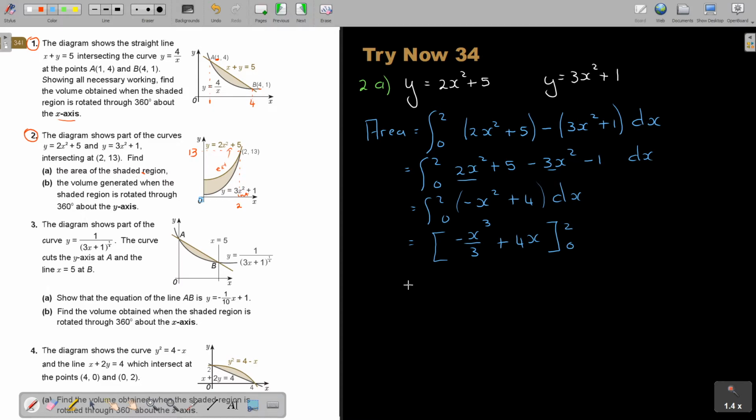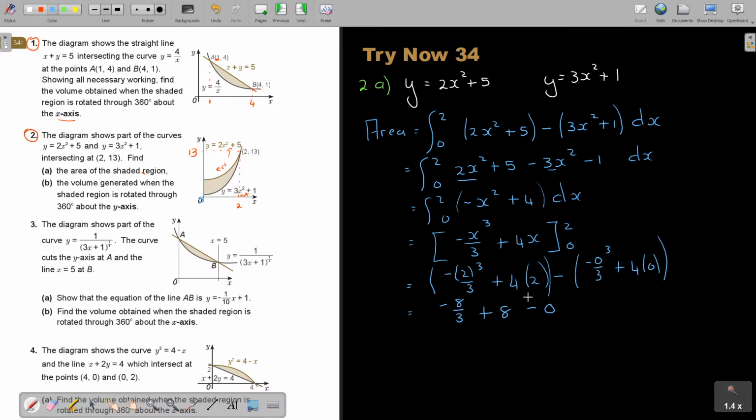Okay, and now I'm going to substitute. It's not necessary, it's more when you use a pi. Okay, so the 2, and that is going to be negative 8 over 3 plus 8, and that will just be 0.